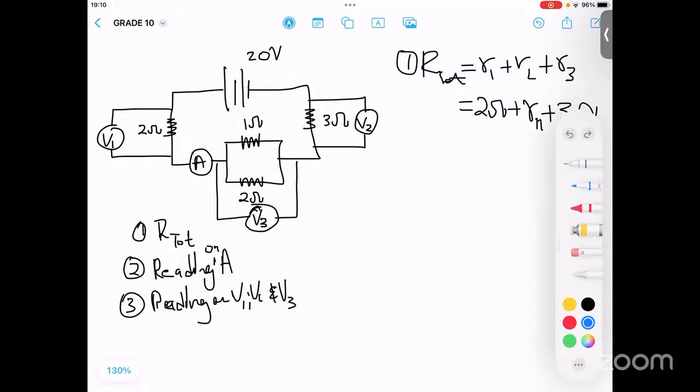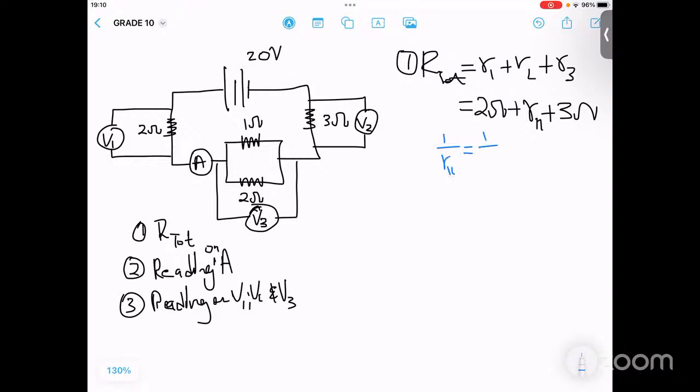How do you work out the R parallel? On that same calculation, as you continue, say 1 over R parallel is equal to, you firstly start with the formula 1 over R1 plus 1 over R2. And then you substitute: 1 over R parallel is equal to 1 over, I can start with the one at the top being 1, plus 1 over, the one at the bottom is 2.